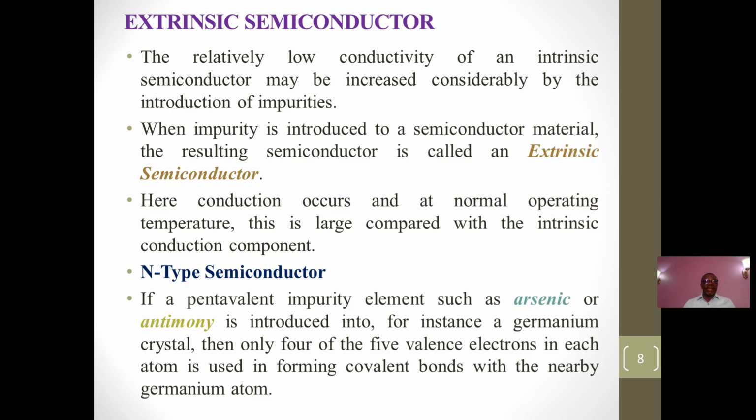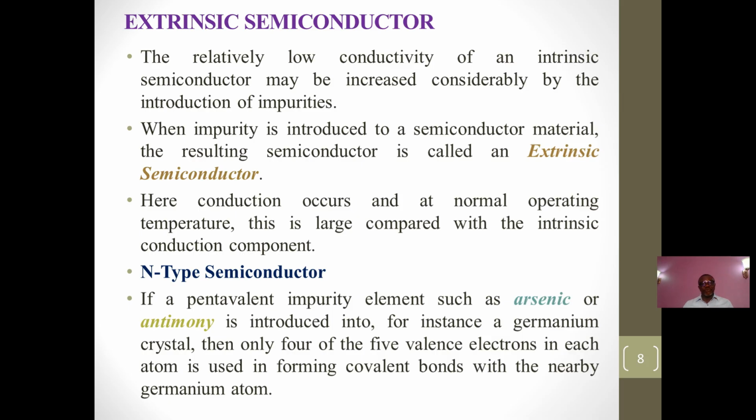Now, the first thing that occurs when you introduce impurity could be an N-type semiconductor or a P-type semiconductor. By the time we say N-type, we are talking of negative type semiconductor. In other words, we are talking of the small circle with a minus inside. Call it N-type semiconductor or negative type semiconductor.